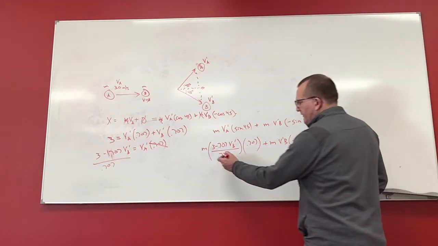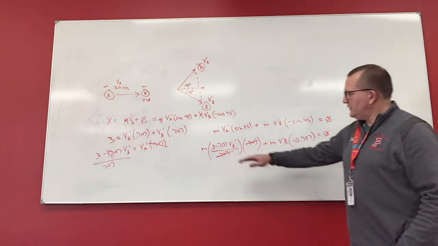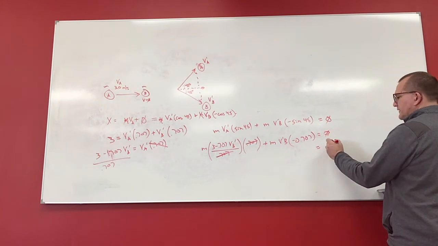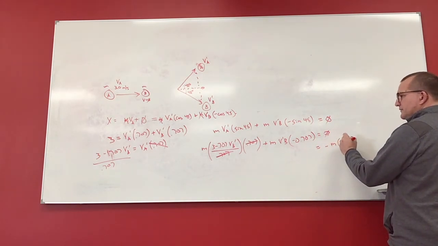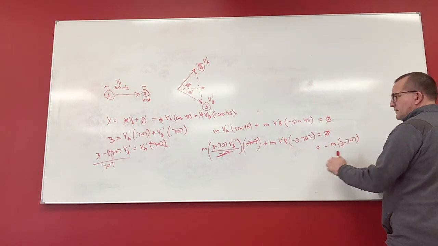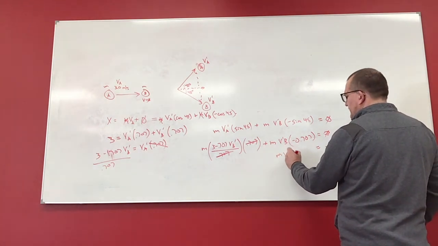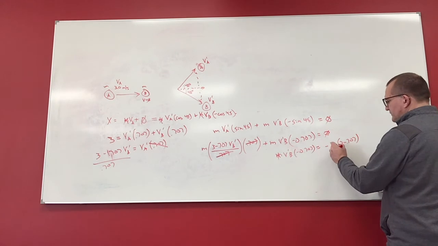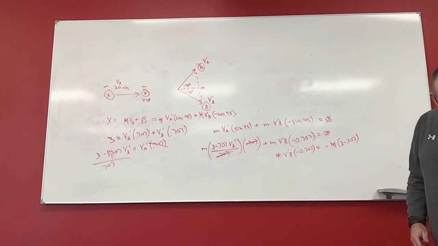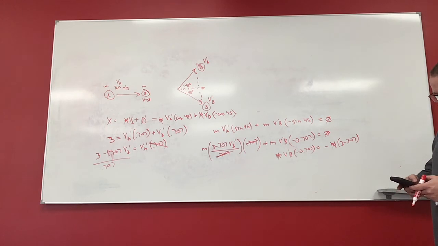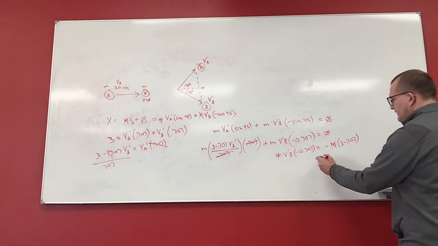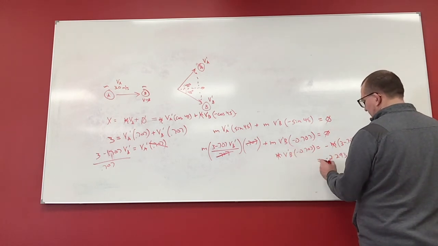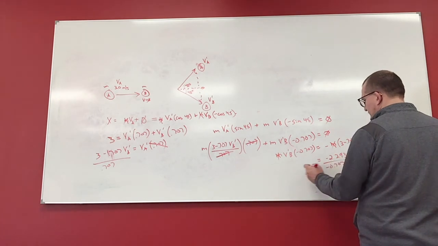So I can do some math here. These cancel out when I multiply them, and then I can bring this over. So essentially I'm going to get negative m times 3 minus 0.707 equal to m v prime b negative 0.707. My m's will cancel. I take 3 minus 0.707, and I get negative 2.293, and I get this, so I'm dividing then by negative 0.707.